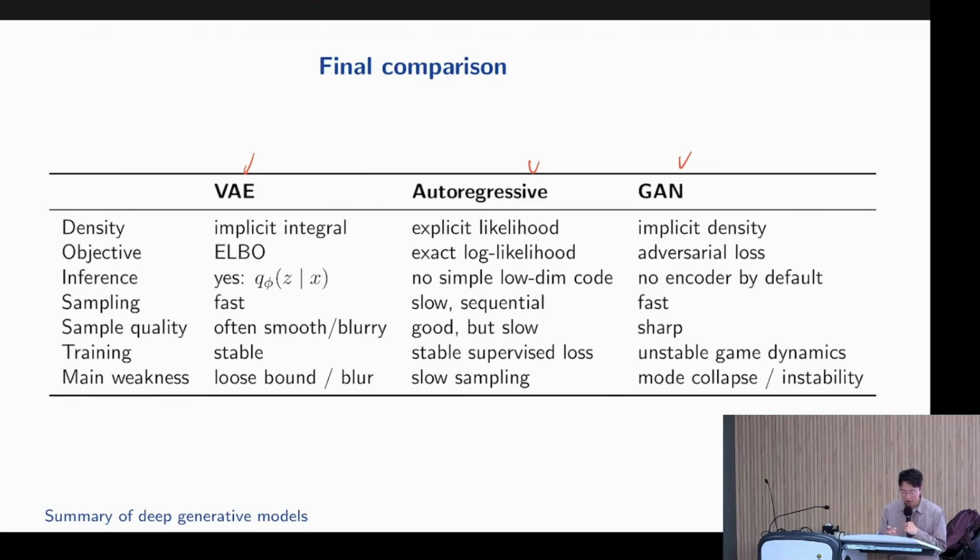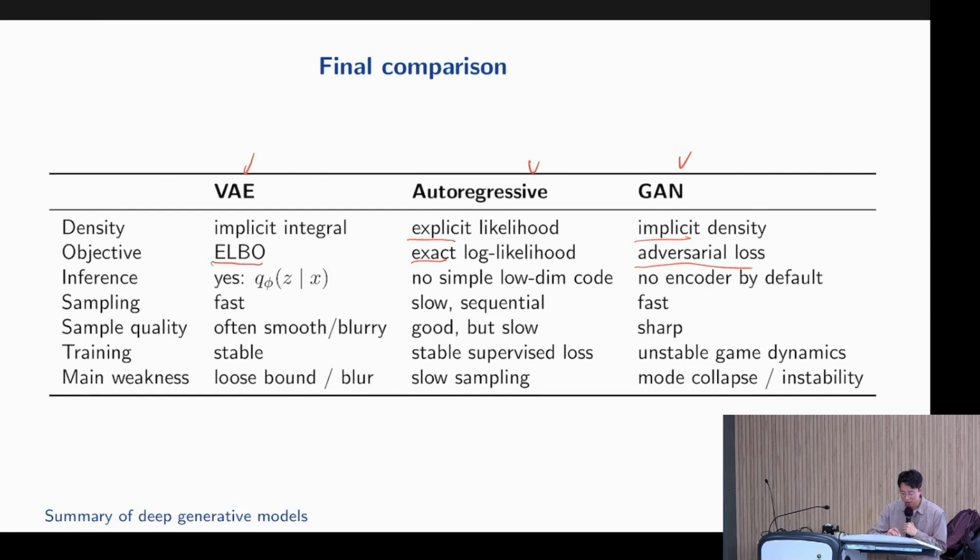Autoregressive model, we model the density explicitly. GANs, they do it implicitly and don't bother modeling the distribution. And in VAEs, we derive the lower bound, which we maximize. And autoregressive models, they do exact log likelihood maximization. And here we optimized our two-player adversarial loss.